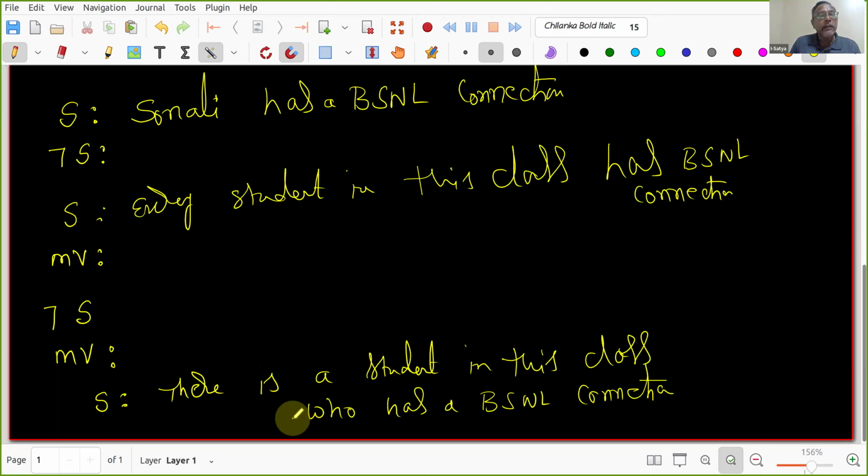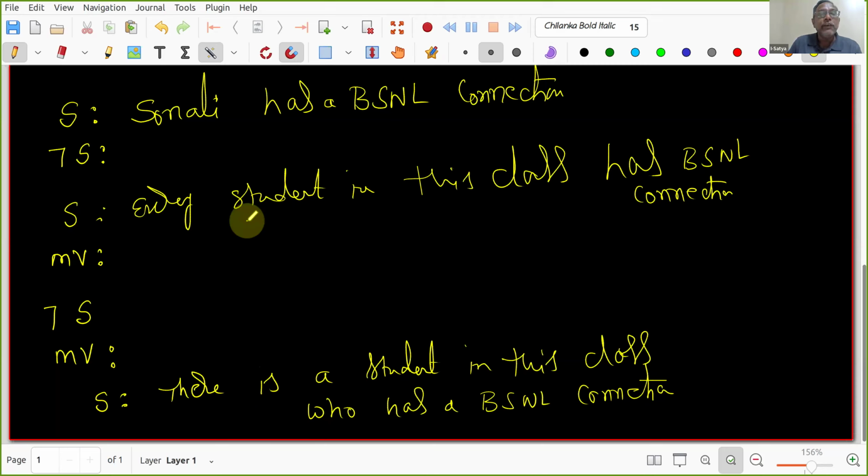The important point you need to be clear about is this: if I ask one student and that student has a BSNL connection, I will not ask any other person, because I need just one student. If one student has a BSNL connection, automatically it is true. I need not check other persons.